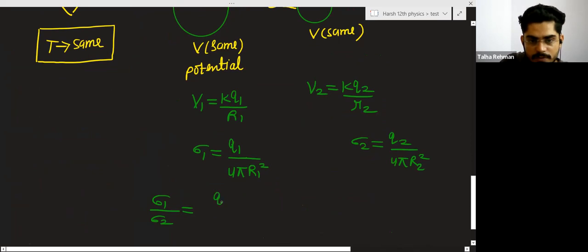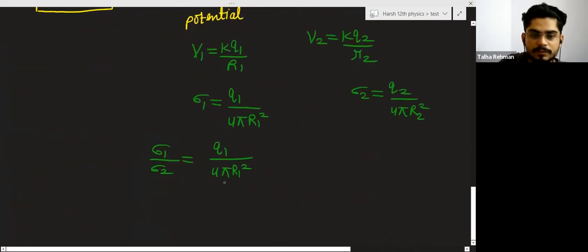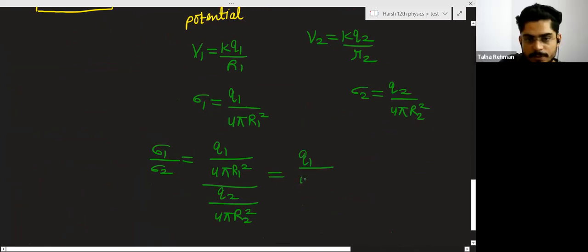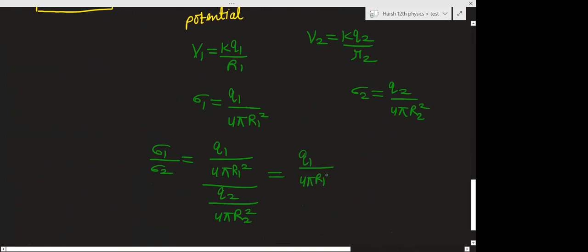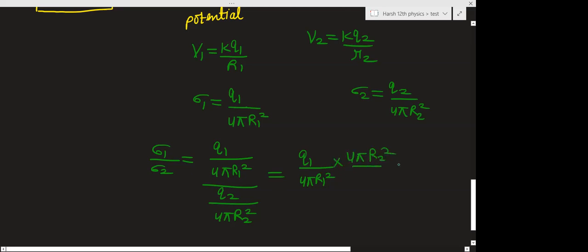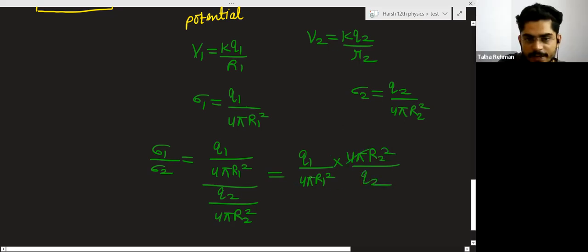Now divide this: q1 divided by 4 pi r1 square, divided by q2 divided by 4 pi r2 square. When you solve this, this thing will go upward, so it will be 4 pi r2 square by q2, and the 4 pi and 4 pi cancel.